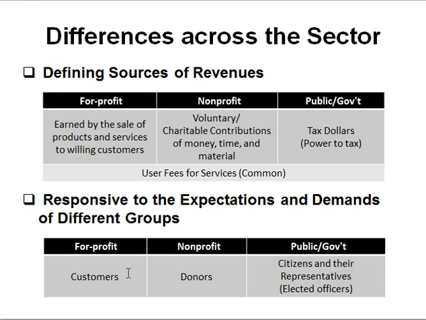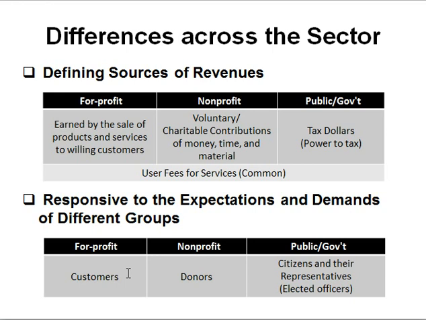First, in the for-profit sector, the revenue is earned by the sales of products and services to willing customers. But in the non-profit sector, it is based on charities, which means charitable contributions from donors, of course, as well as government grants.